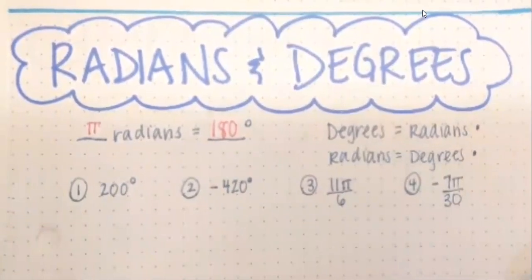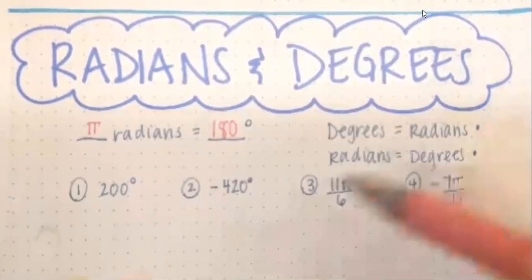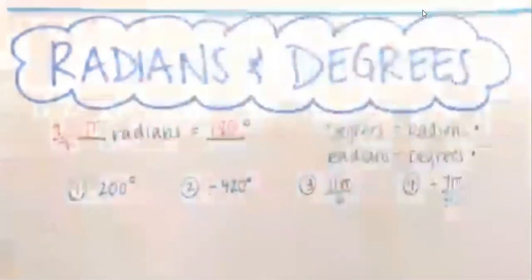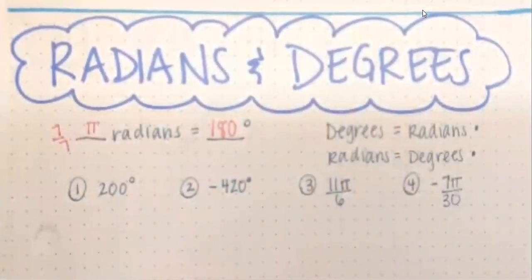Like 7 times 1 is still 7. I can write any number as 1 as long as I put it on top of itself, like 7 over 7 equals 1. As long as I have the same number on top and on bottom, it'll simplify to 1.